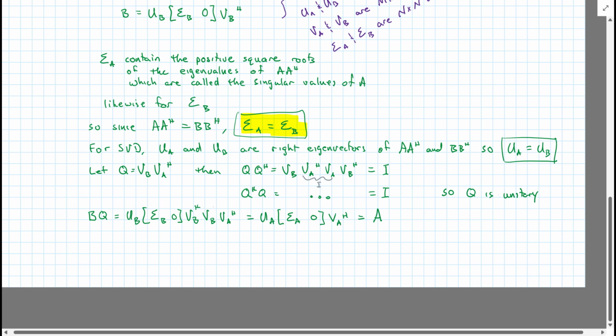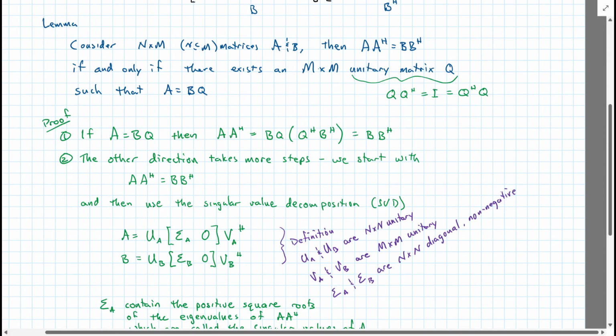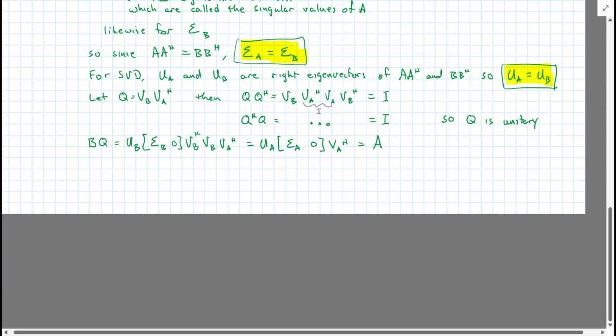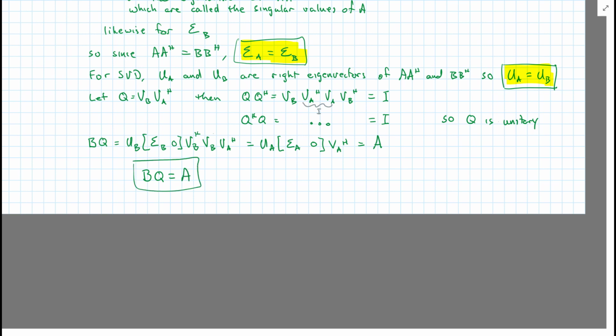And since UA is equal to UB and sigma A is equal to sigma B, then we can rewrite this as UA times sigma A, and then of course the VB^H VB, VB being unitary, gives us a VA Hermitian at the end, which is equal to A. So we've now proven that BQ is equal to A. So we proved it both directions.